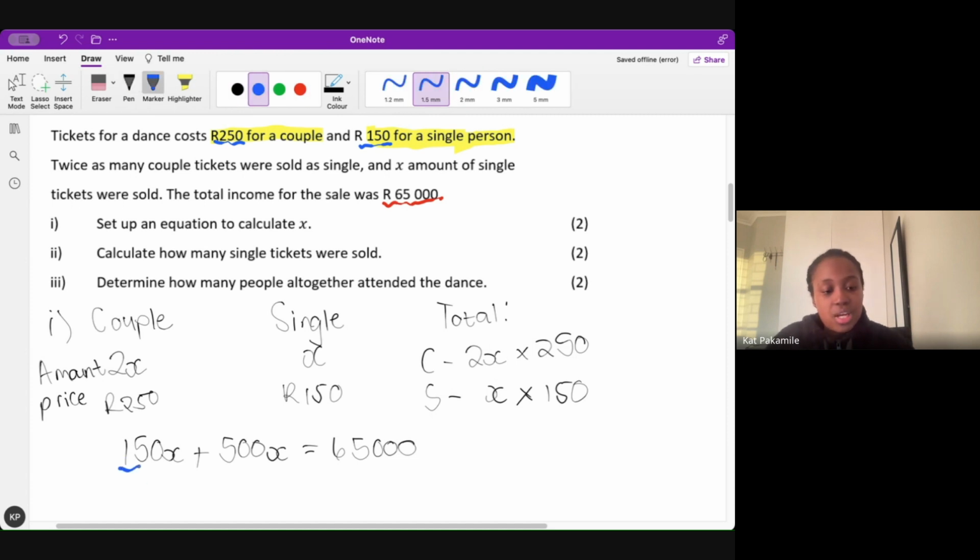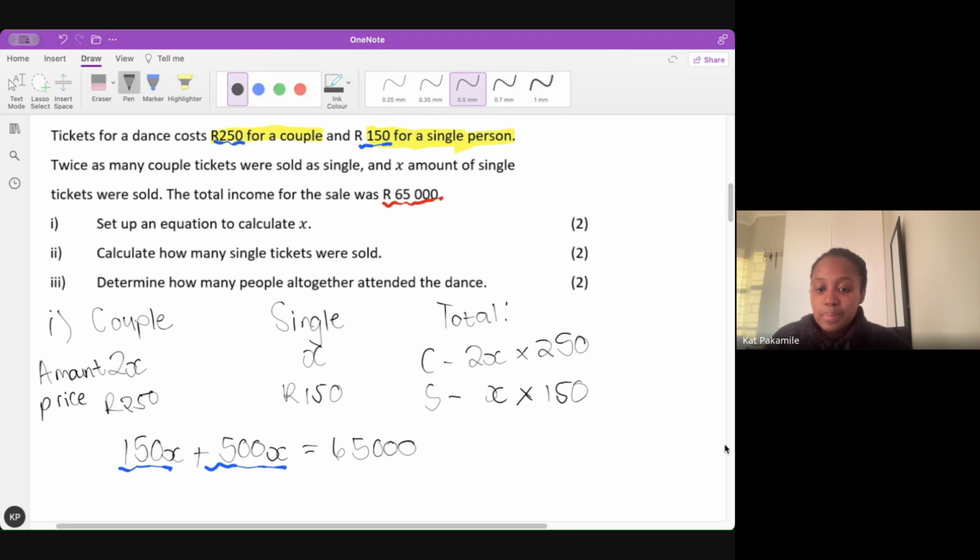So let's solve that. What is 150X plus 500X? Let's hear, guys. 150X plus 500X. Thank you.